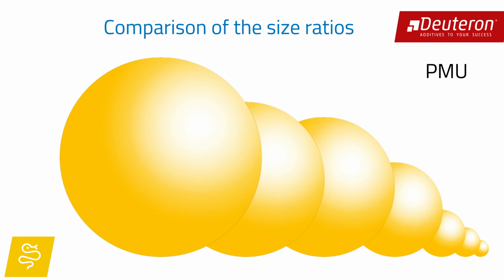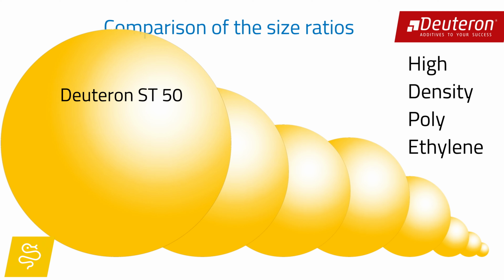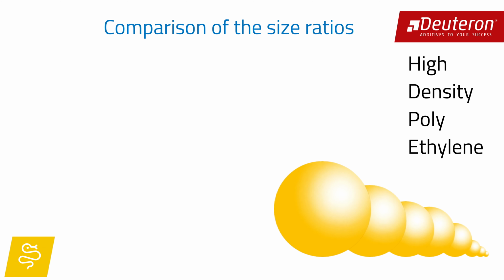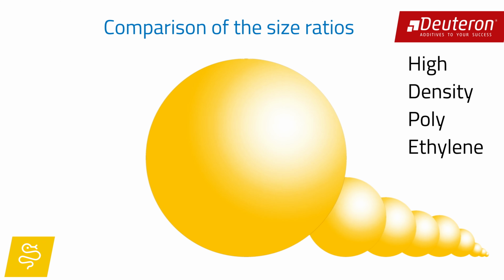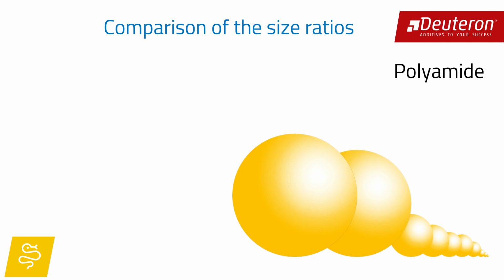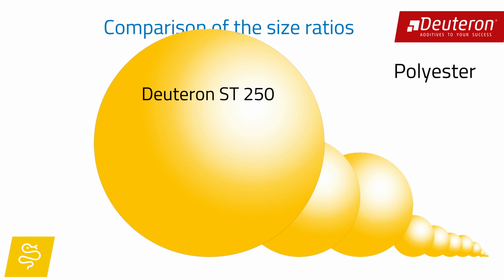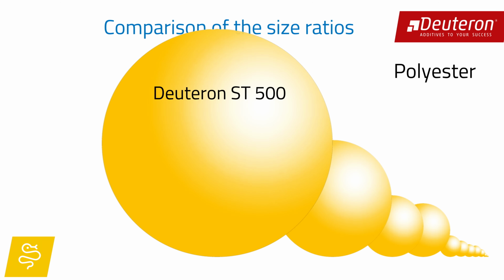And now the thermoplastic products starting with the HDPE ST50 and ST100. Polyamide ST125, the polyesters ST250, and finally the coarsest is the ST500.